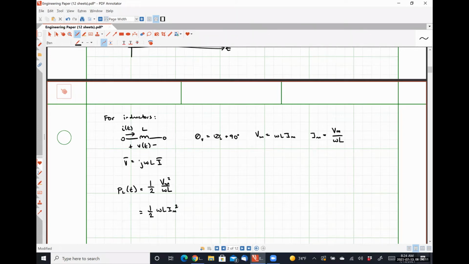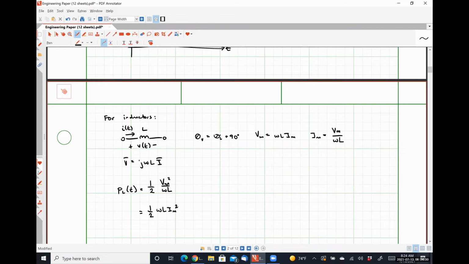So theta V minus theta I is going to be the cosine of negative 90 degrees, right? Actually, cosine of positive 90 degrees, right?